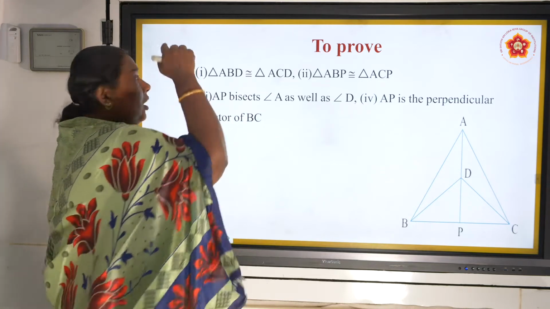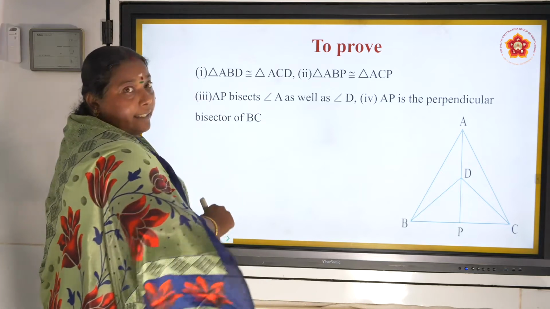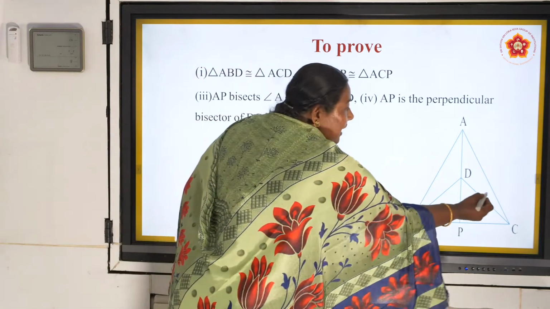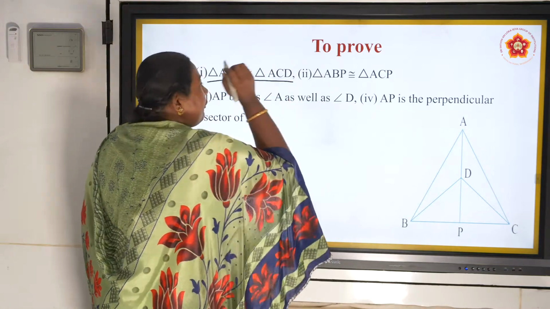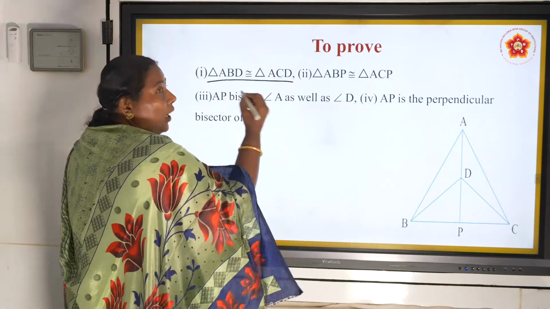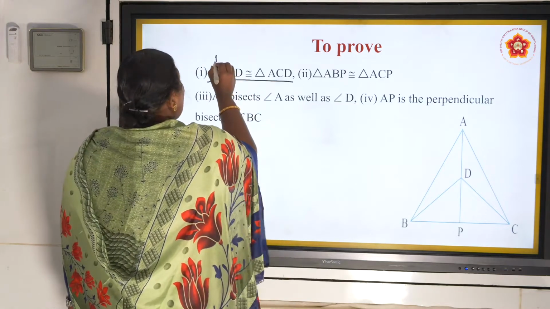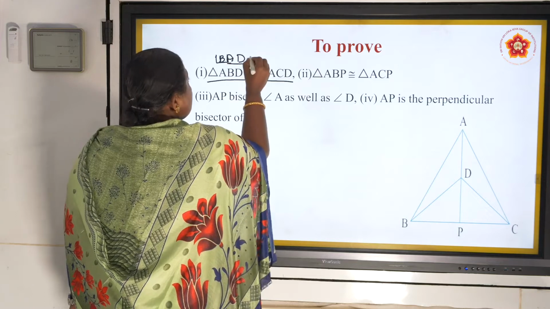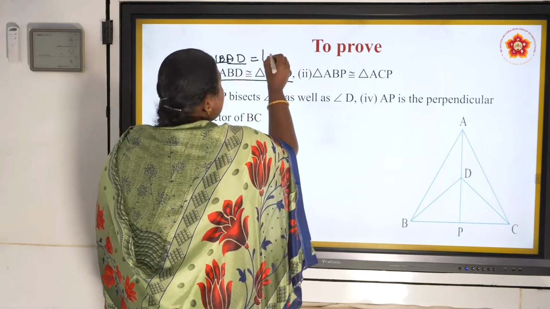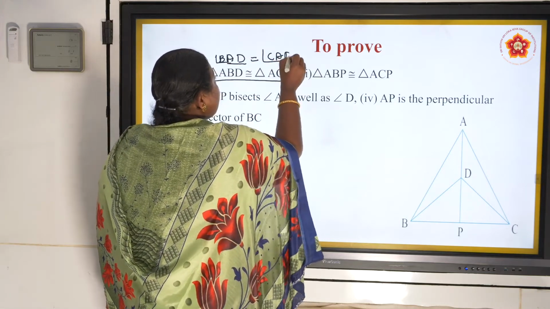From this, I can tell my other angles are equal. So on the basis of the first, what I need is angle BAD is equal to angle CAD.